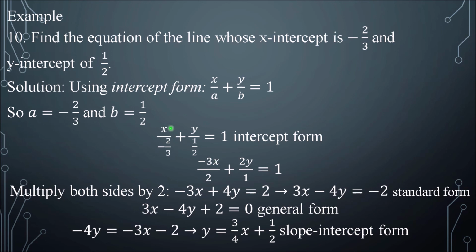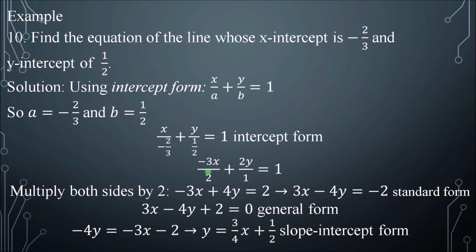Now, this x over negative 2/3 can be written as negative 3x over 2. And then this y over 1/2 can be written as 2y over 1 equals 1. Now, we will be using this to change intercept form to standard form. So, we multiply all sides by negative 2 because, as you can see, 2 and 1, the least common multiple is 2.